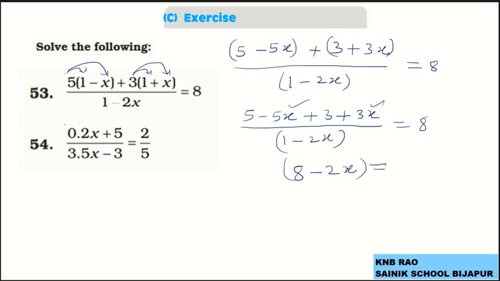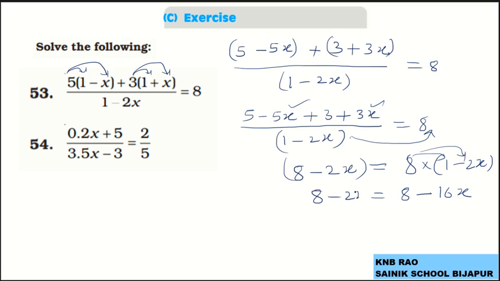This 8 minus 2x is equal to, now I am sending this divisor to the right hand side, which will multiply. So, 8 into 1 minus 2x. Now, by distributive property, multiplication over subtraction, 8 ones are 8 minus 8 2s are 16x. So, 8 minus 2x equals to 8 minus 16x.